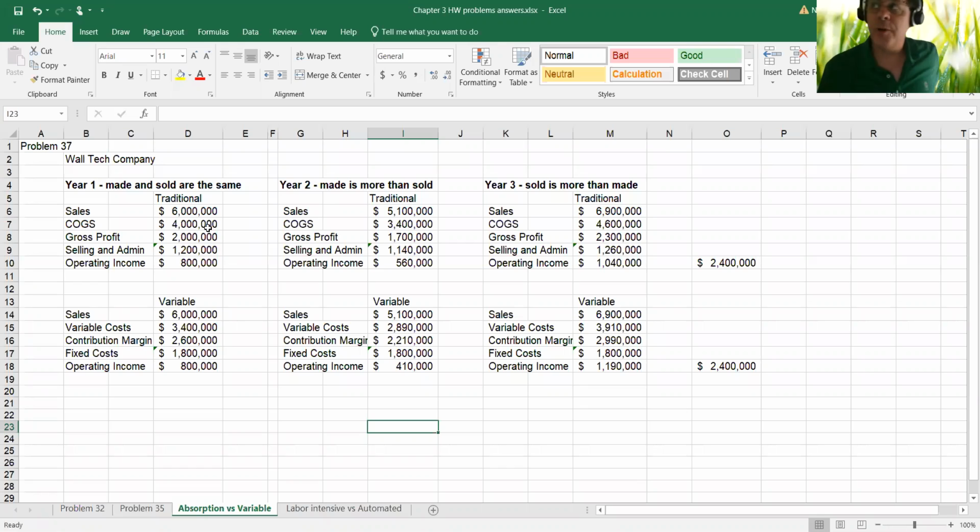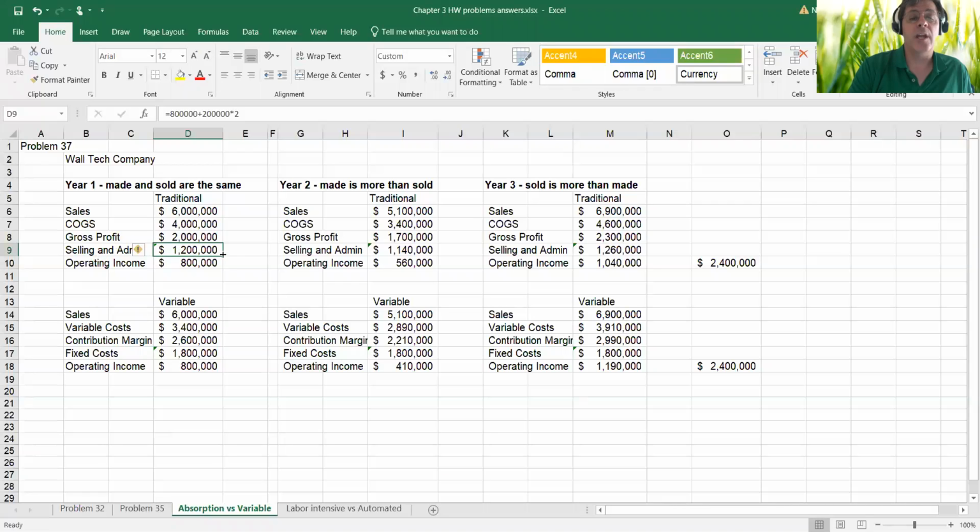Our fixed production costs are $1 million per year. So we treat that as $5 per unit because we're making 200,000, right? And then there are some variable selling and administrative costs and fixed selling and administrative costs, which are all part of the selling and administrative costs here, the variable and the fixed part.